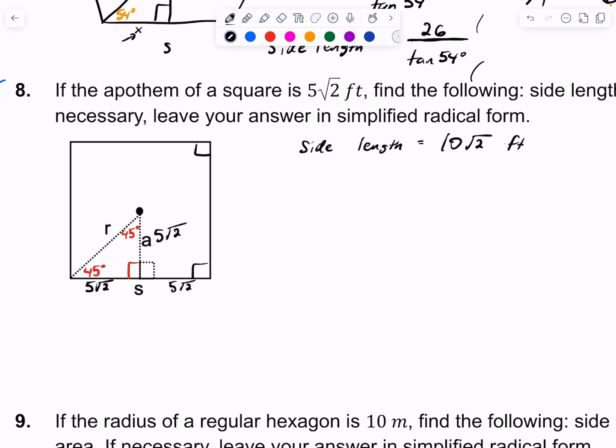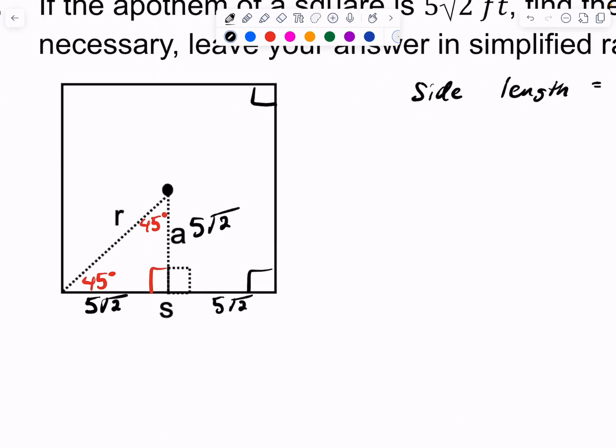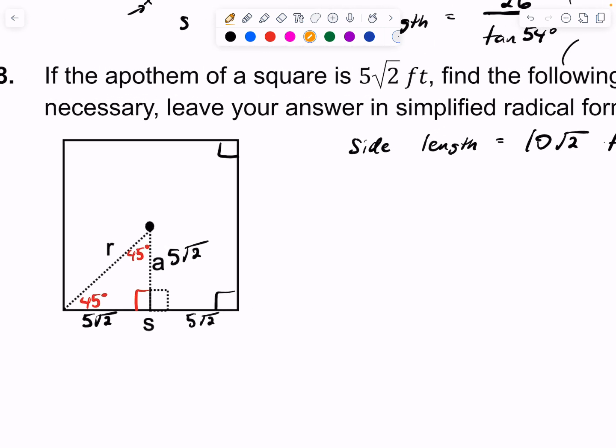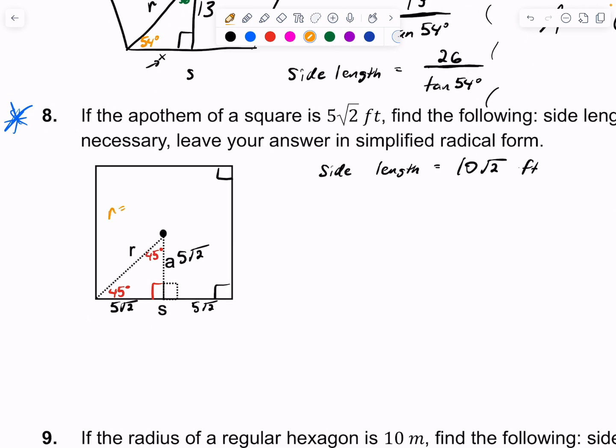And that's feet. Now I can find the radius using my understanding of the 45-45-90. We take our legs and multiply by root 2 to get the radius. So the radius is going to be 5 root 2 times root 2. And when you do that, you actually end up getting 5 times just a 2, because root 2 times root 2 is just 2.